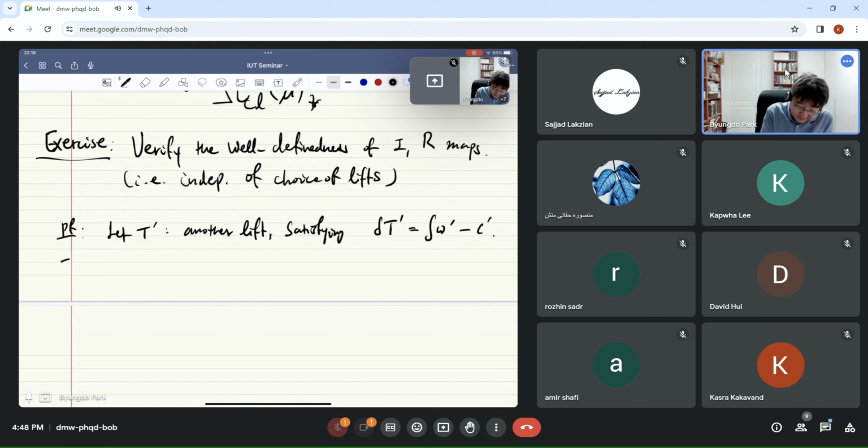So then, if you consider this T prime and T, if you take the difference and then restrict it to degree k minus 1 cycles, and then take modulo Z, then that becomes 0 for obvious reasons, right?